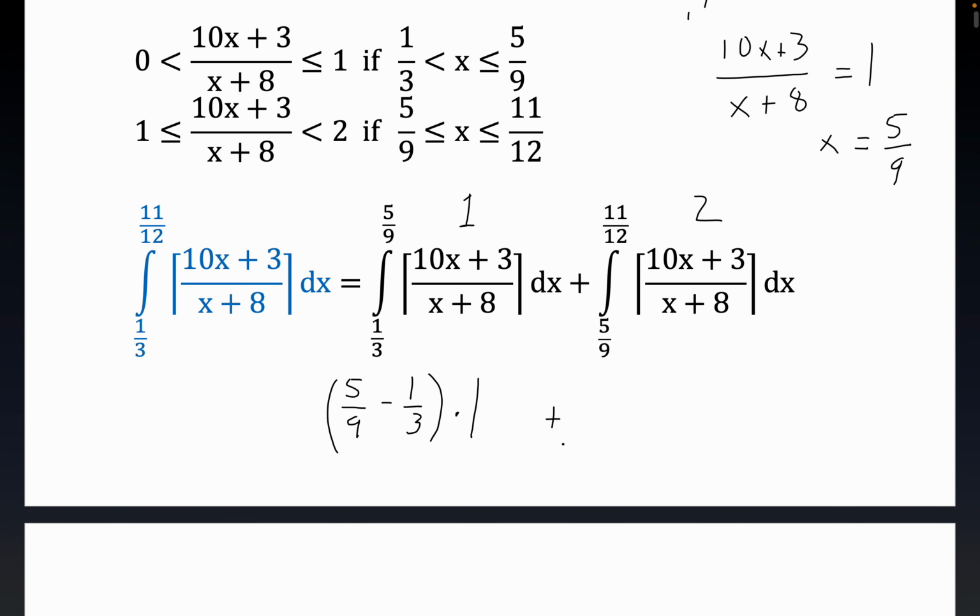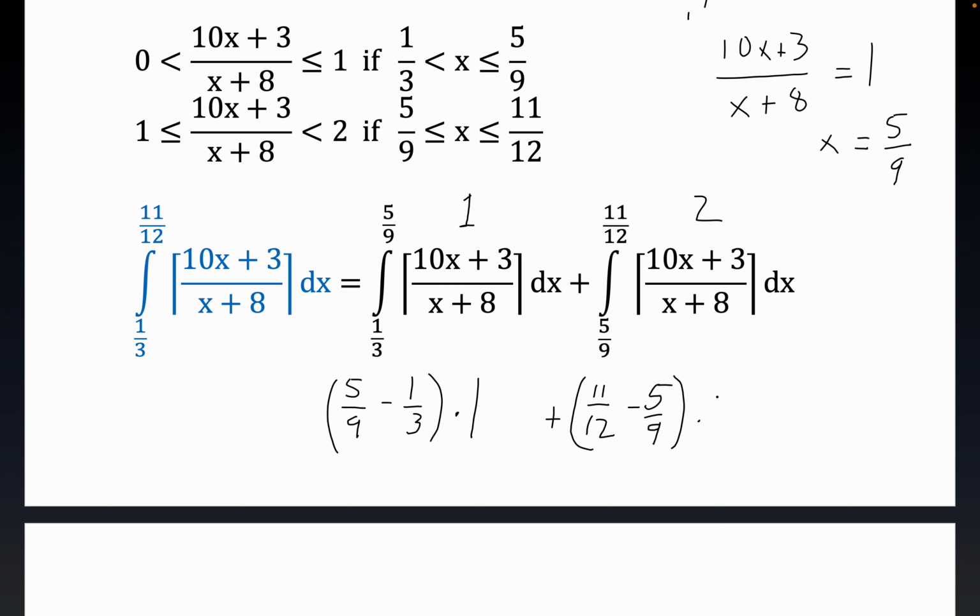now our new limits of integration, we had to split it. This is just the additive property of the integral. You have 11/12 minus 5/9. And then again, let me put a dot 2 here.